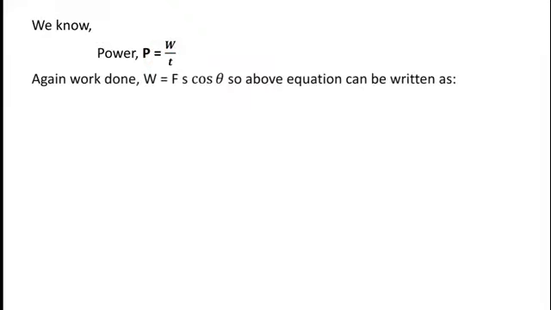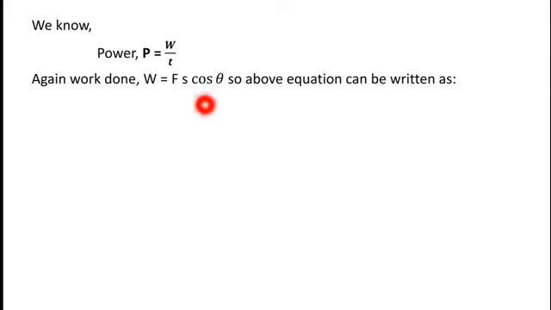Now students, we have derived the formula for power as W by T, where W is the amount of work done and T is the time required to do that work. And in the previous part we have derived the general formula for work done as F into S into cos theta, where F is the force applied, S is the displacement, and theta is the angle between the force vector and displacement.